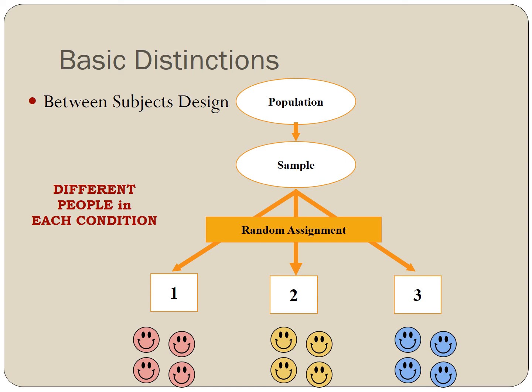We've got acupuncture, we've got massage, and we've got good old aspirin. So if we wanted to do this with a between subjects design, we would recruit participants with a headache, and we would divide them into three groups, and we would randomly assign each participant to a different group. So that's a between subject design. We have different people in each condition.